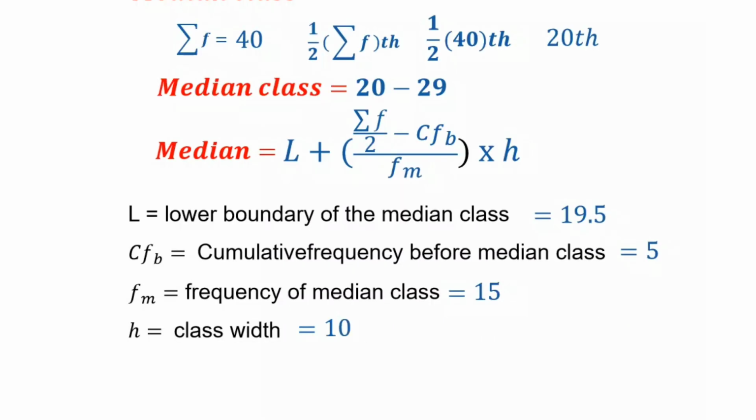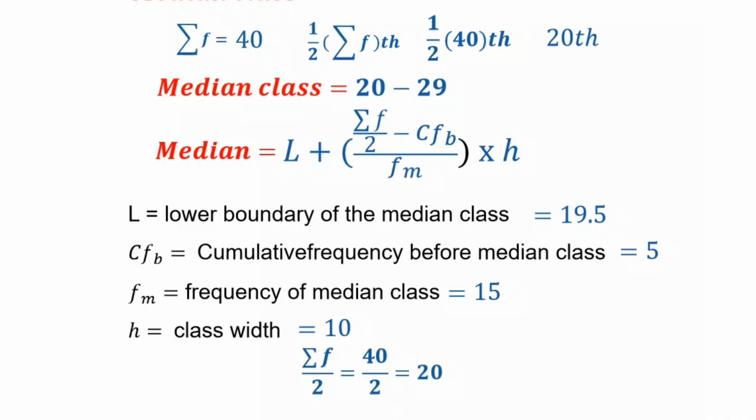So once we know this, we just substitute our values. But let's talk about the sigma f over 2. That is what we have already calculated. We found half of it, that was the 20th position we used to get the median class. So that sigma f divided by 2 in the formula is the same thing we have calculated, and that was the 20 we got. So that is also 20.